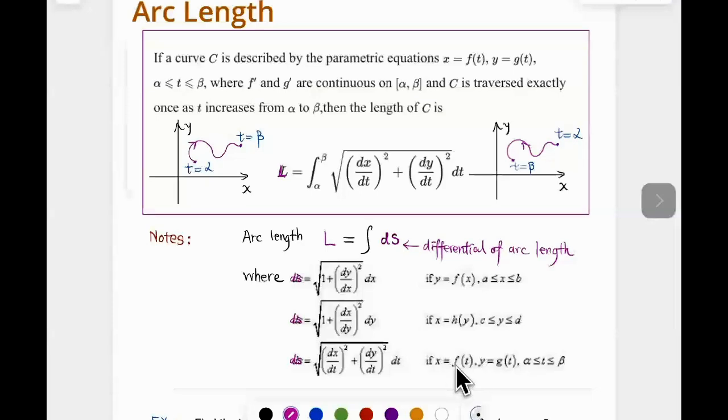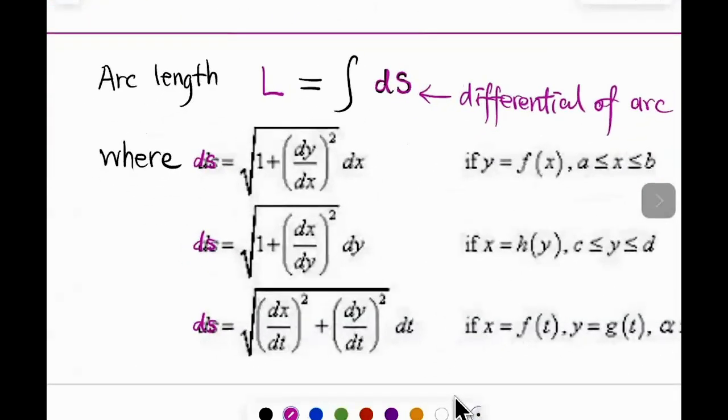So for a parametric curve, x and y are functions of t, right? x is f of t, y is g of t. Then how do you express this ds? It's going to be like this. It's the square root of (dx/dt) squared plus (dy/dt) squared, and then here dt.